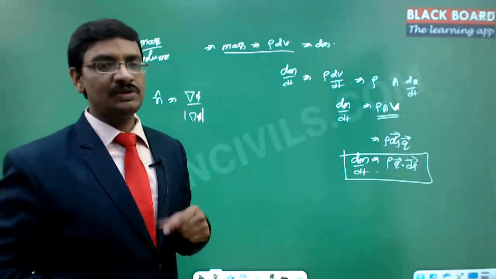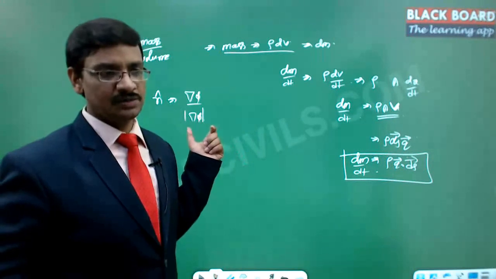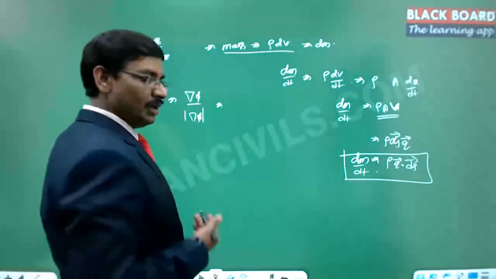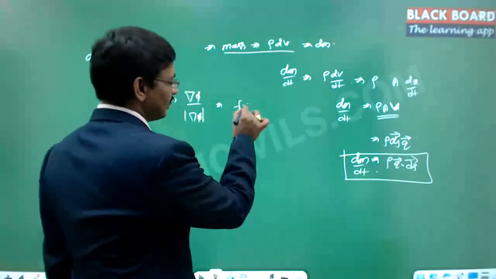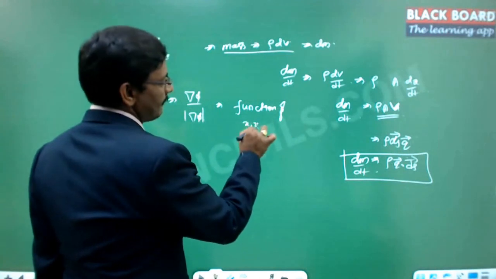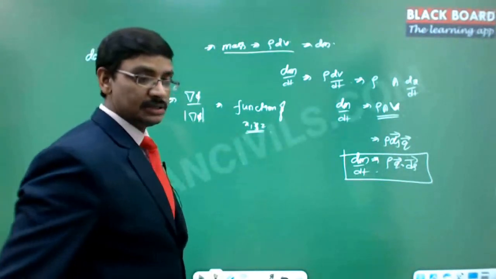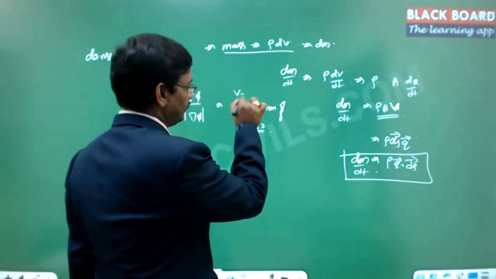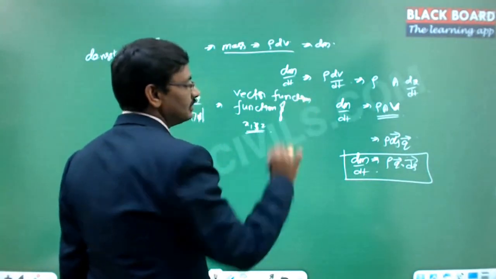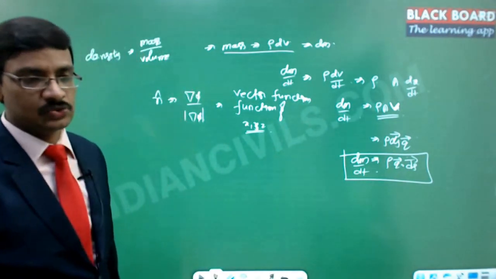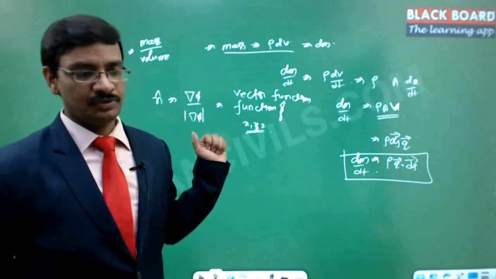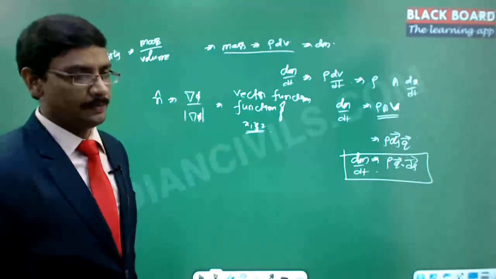Del phi gives the normal vector. If you divide by its modulus, this is going to be a unit normal vector. This unit normal vector may be a constant or may be a function of x, y, z. But it is a vector function that you have to keep in mind, because at each point it is going to have a different direction associated. So it will be a variable vector equation. Got it? Is this understood, Punya?